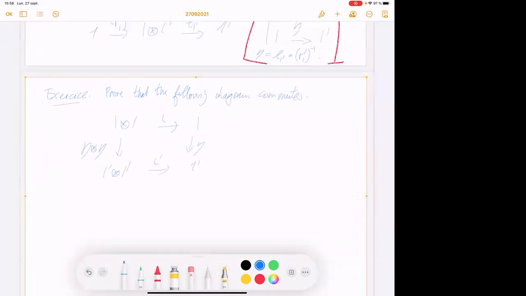So it's an exercise to prove that it commutes. According to the reference book, it is advised to prove that as an exercise using the triangle diagram, but maybe it can be done in some other way. Maybe there is an easier way to do that. Anyway, this is assumed to be true.